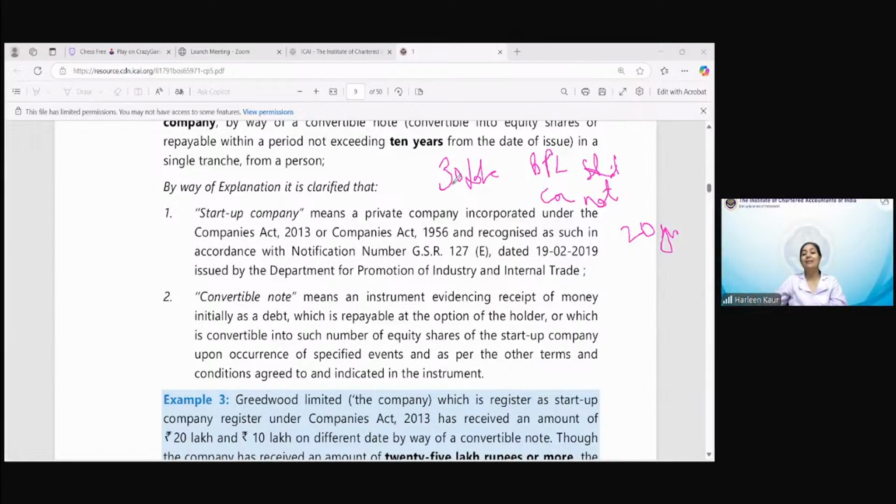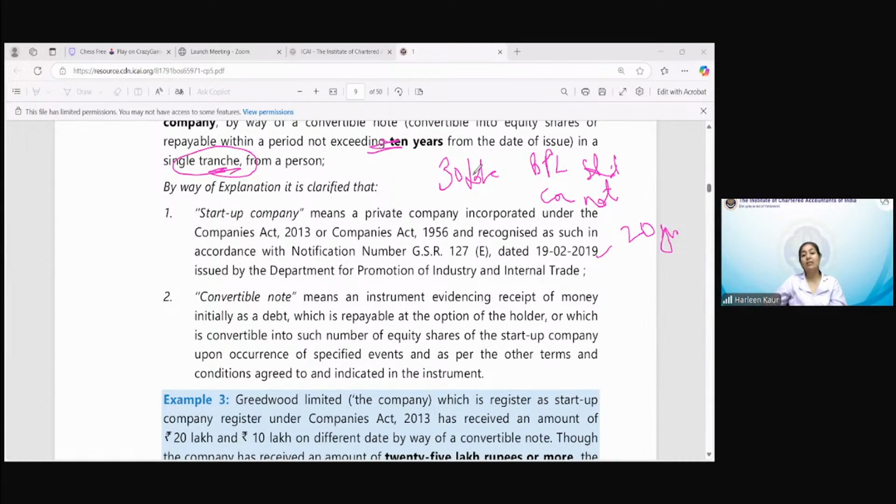So it will be considered as a deposit because the condition is that the period shall not exceed 10 years. So if it is less than 10 years, if it is by way of convertible note, if you are a startup company and you have received it in a single tranche, then it will not be considered a deposit.